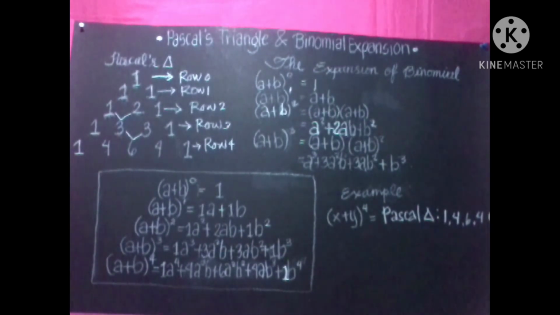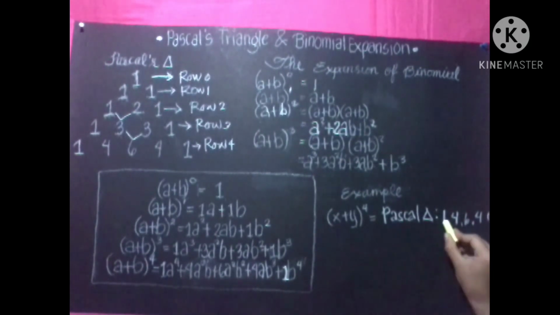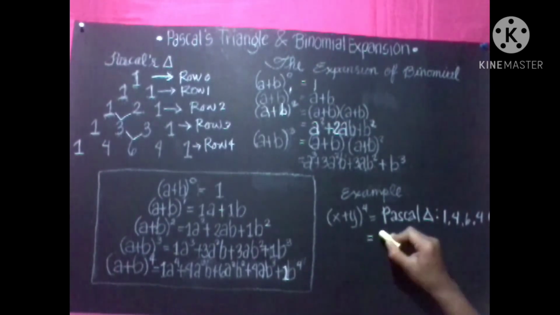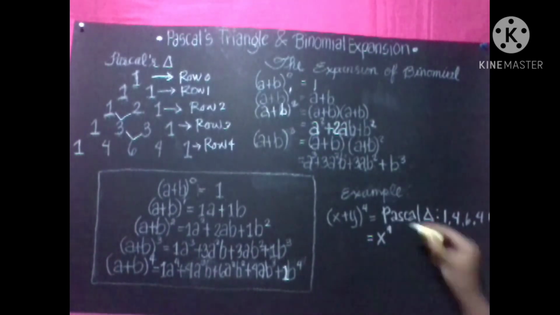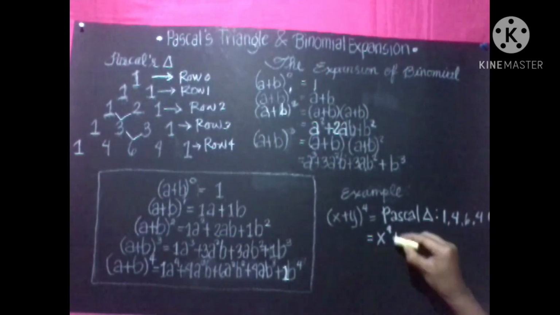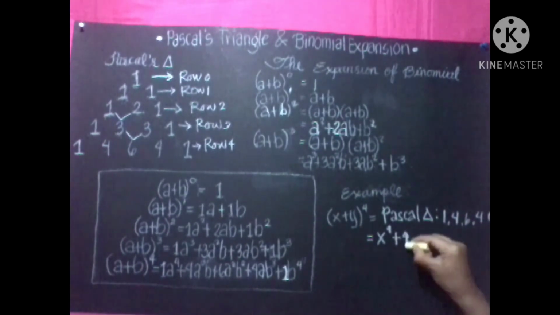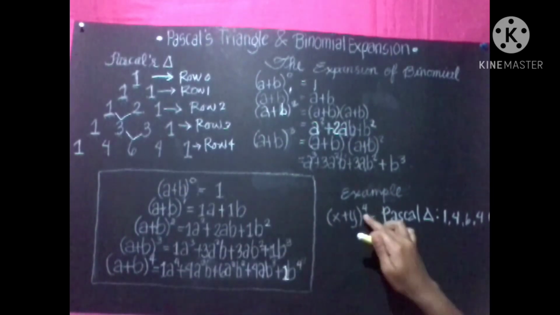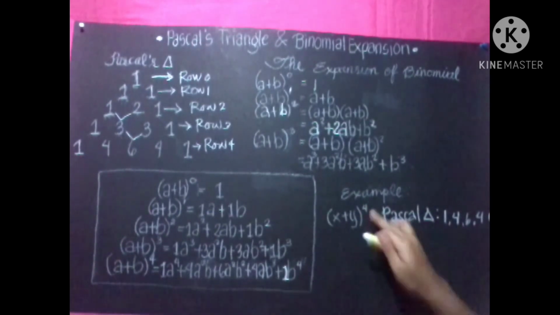Right now we'll solve it. First we should have 1, so it is equal to x raised to the power of 4, of course. Next is to put 4, because our power here is 4.